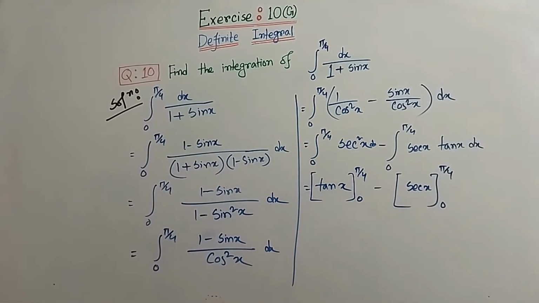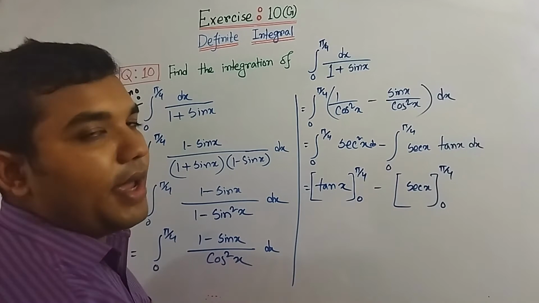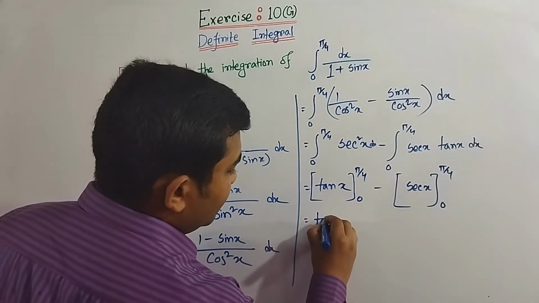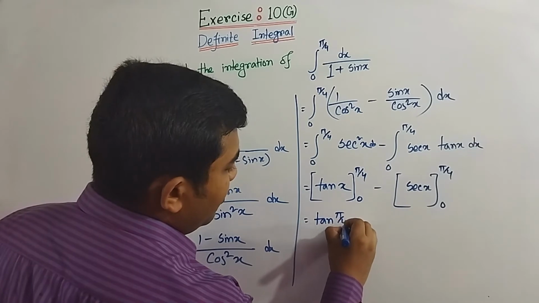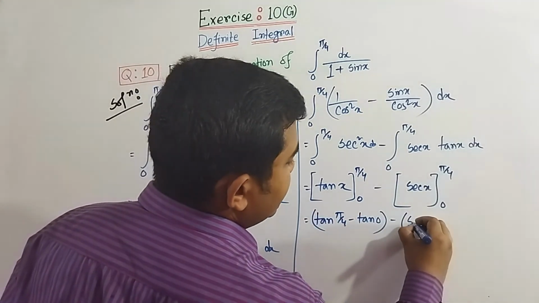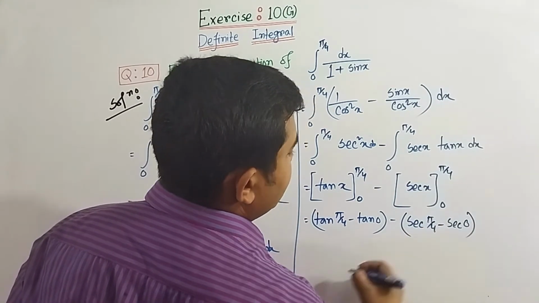So dear students, what we had to do, have you remembered that? Exactly, the limiting value will be put in place of x. If we put the limiting values here, then it should be tan pi by 4 minus tan 0 minus sec pi by 4 minus sec 0.